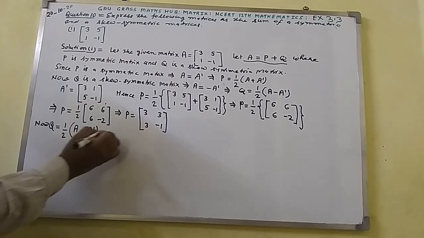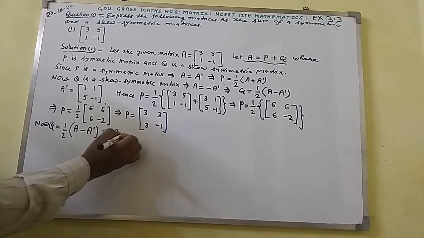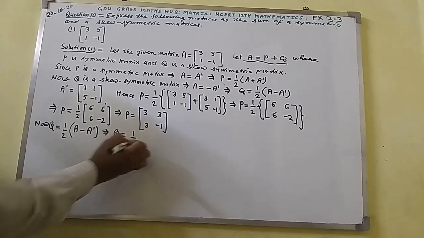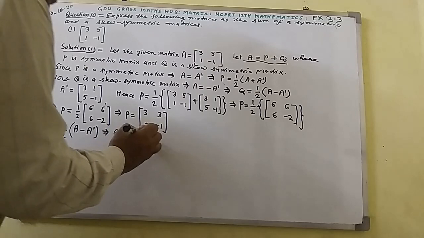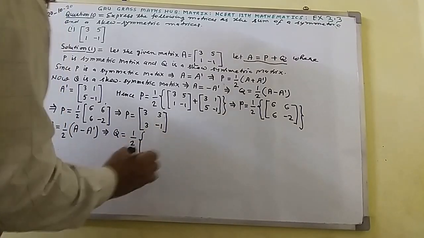Implied that Q equal to 1/2 and here I shall open a curly bracket like this.